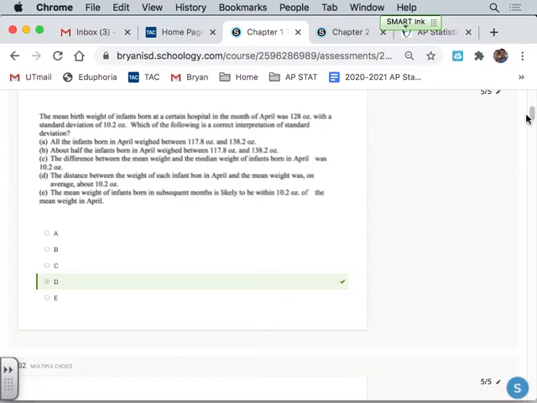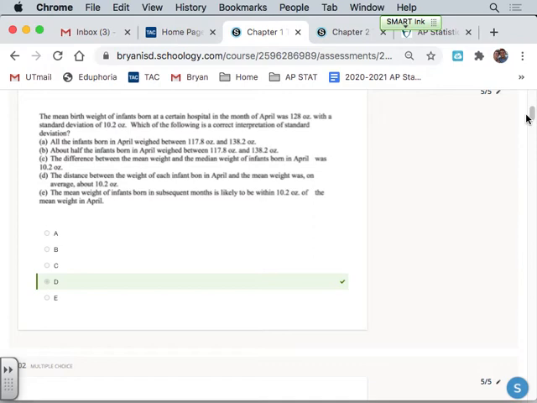So the interpretation of what a standard deviation is. Standard deviation on the surface is just the average distance you are from the mean. So on average, where are your values in distance from the mean? Not every single value is within there, it's just on average how far that value is away. So on this it said all the infants are 1 standard deviation away, or half the infants are 1 standard deviation away.